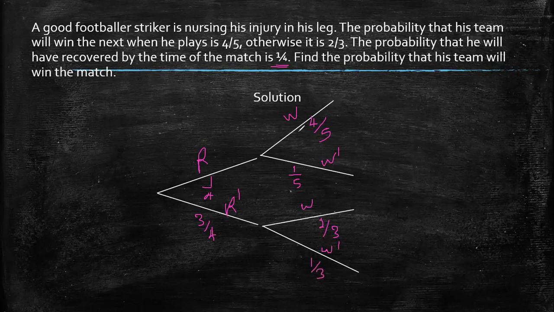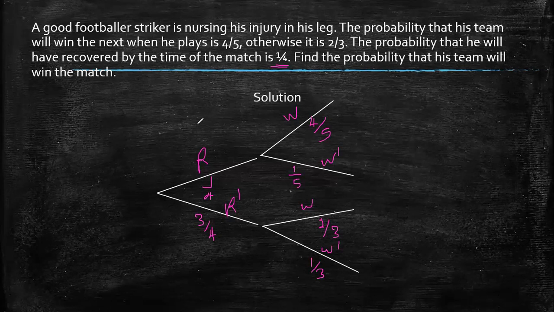Now we ask ourselves, what is the probability that the team will win? Where do you think that will happen on our tree diagram? No idea?